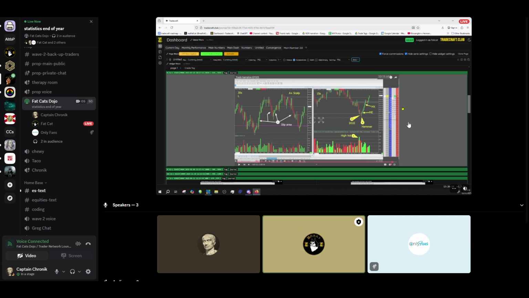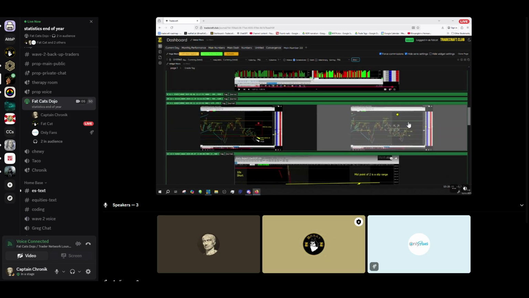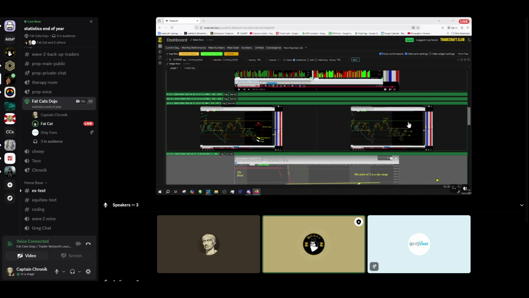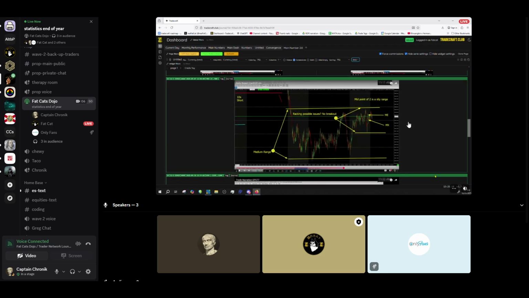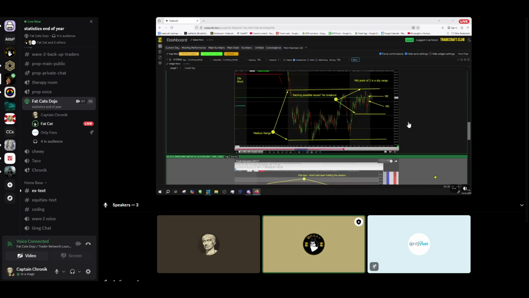Slip area. The $1,000 reclaim assist did. Slip range. Is that reclaim assisted too? Kind of. That's reclaim assisted.